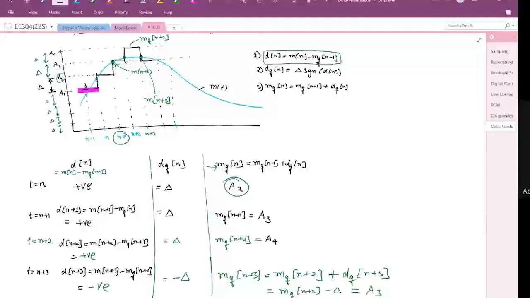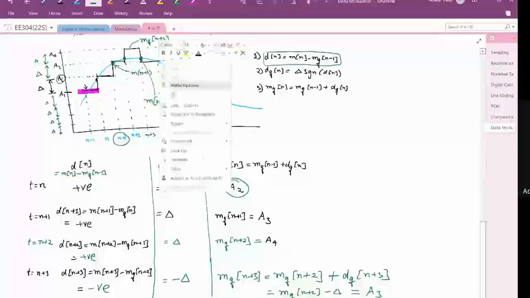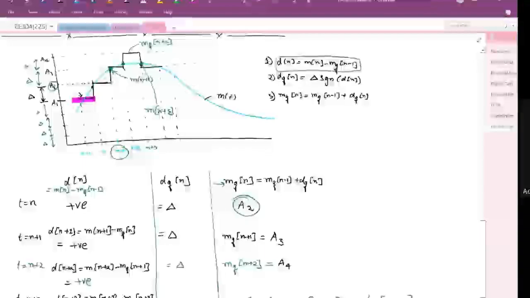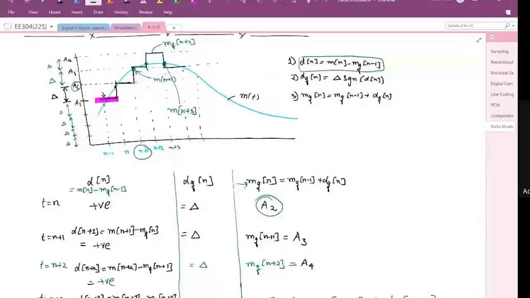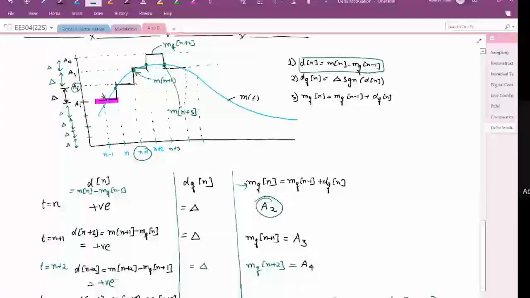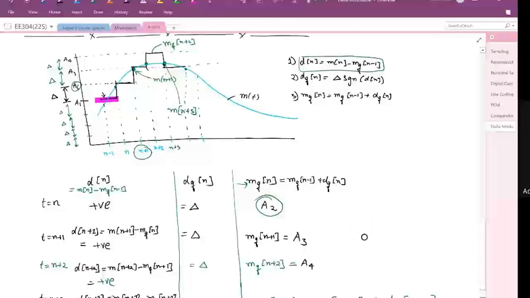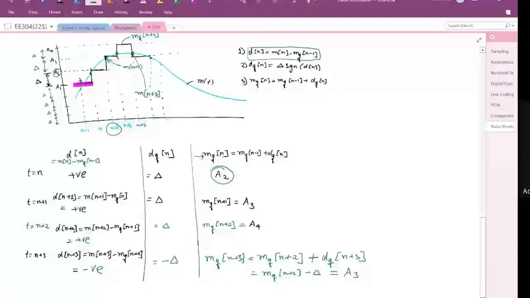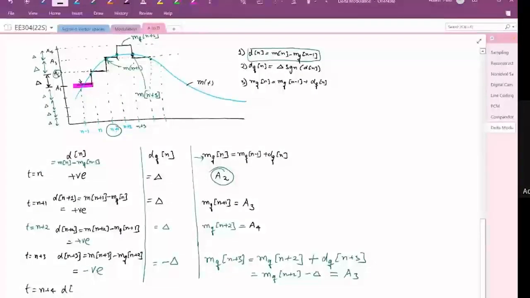So what will happen at this point? Again, let us say that this point is this. What will happen at the next point? Let us check. At t equal to n plus 4, what is dn plus 4?